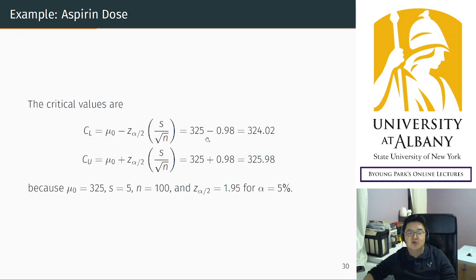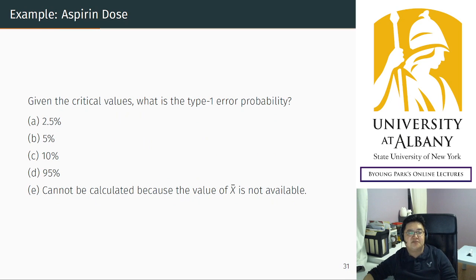Only mu zero changes from our earlier example. All the other guys are the same. Using those numbers, plug in, then you will obtain these results. So I will use these critical values for the calculation of error probabilities.